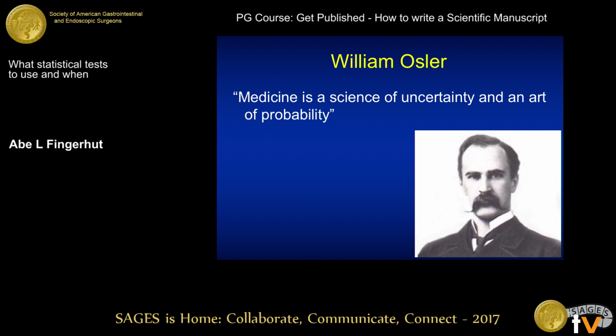And actually, it's just talking about the probability of what we're trying to say corresponding to reality. That's all it is. And if you've understood that, you've understood everything you need to know about statistics, except what test to use when. And we'll talk about that a little bit.